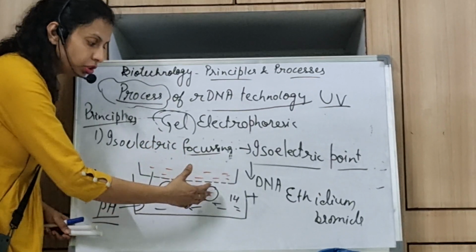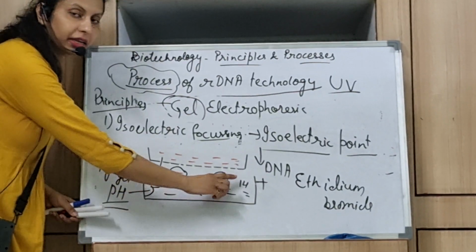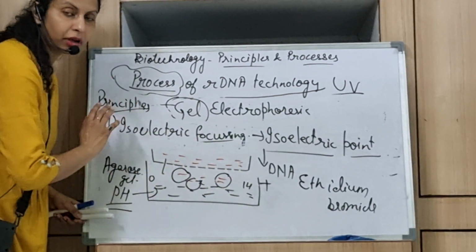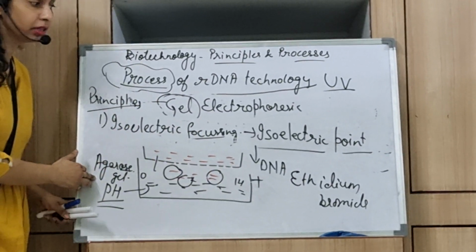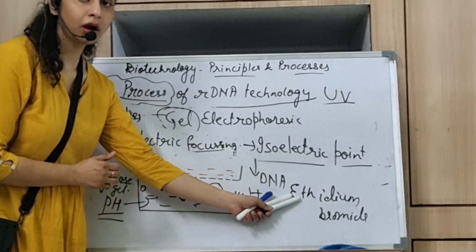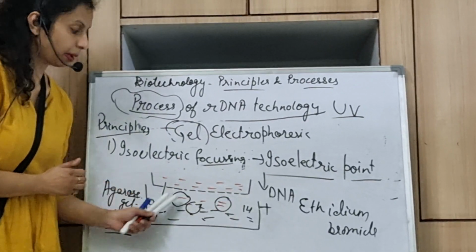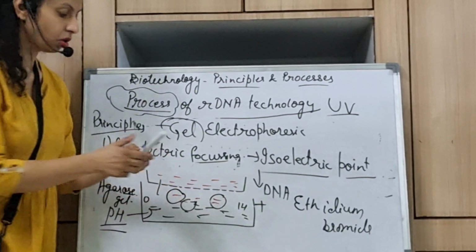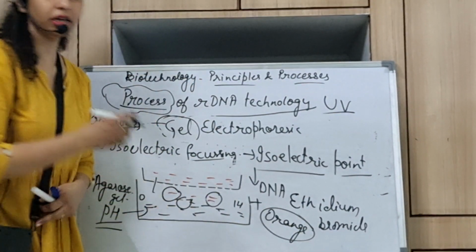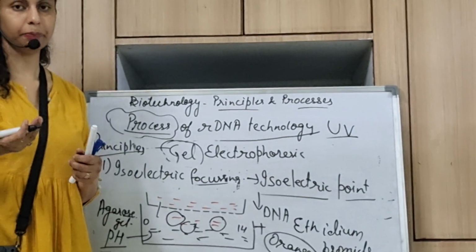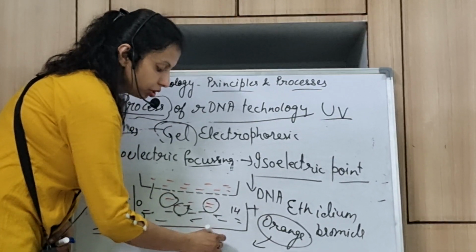So कुछ डीएनए पॉजिटिव तक पहुंच पाएंगे और कुछ नहीं पहुंच पाएंगे। तो इससे क्या होगा, डीएनए के फ्रैगमेंट्स एक दूसरे से सेपरेट हो गए। अब हमने क्या करना है कि डीएनए सेपरेट हो उससे पहले हमने अगारोस के अंदर इथिडियम ब्रोमाइड भी डाल दिया और इथिडियम ब्रोमाइड डालने से क्या होगा कि डीएनए हमें अलग अलग सेपरेट कलर पीसेस दिखाई देंगे, that is ऑरेंज कलर में दिखाई देंगे। ऑरेंज कलर पे दिखाई देने की वजह से we can separate them easily, and this method of separating DNA is called elution.